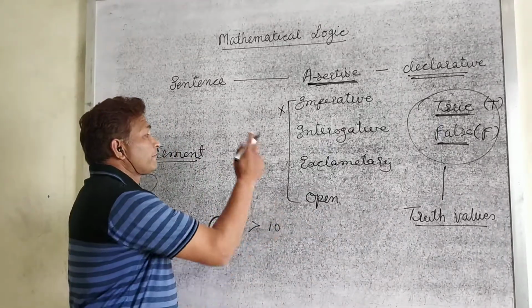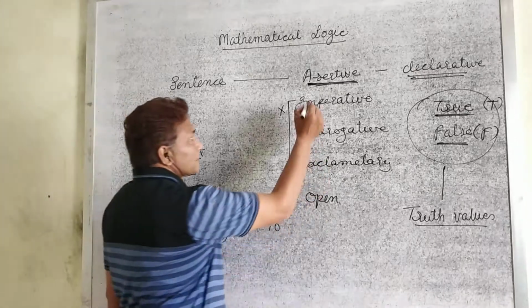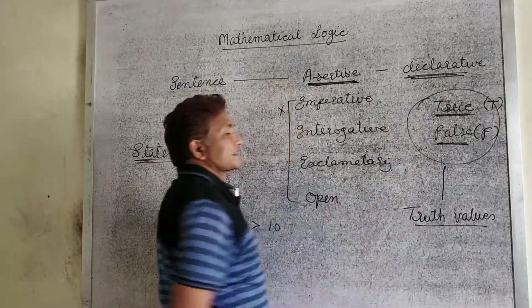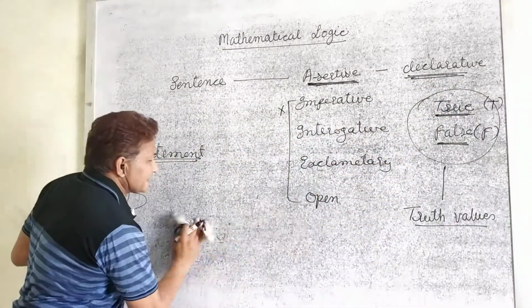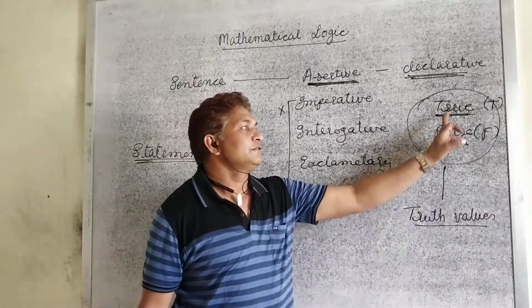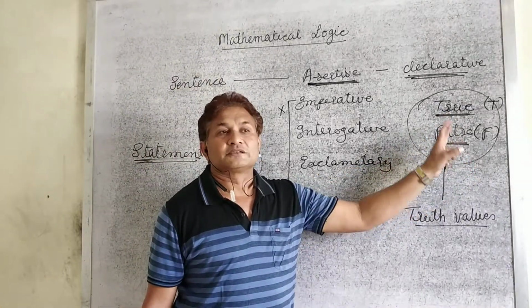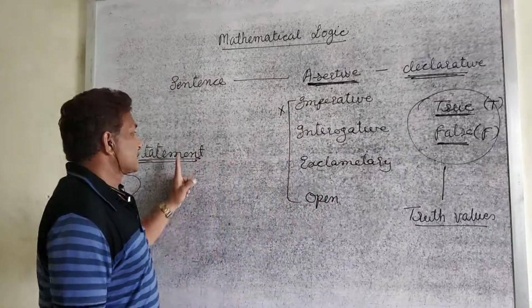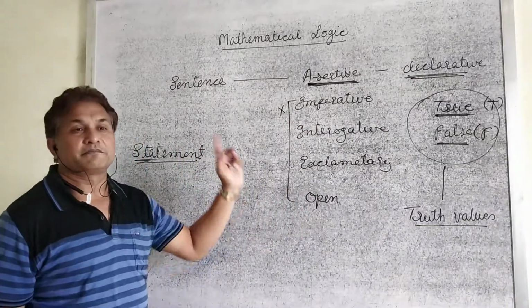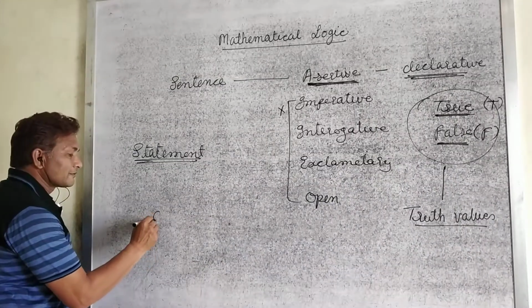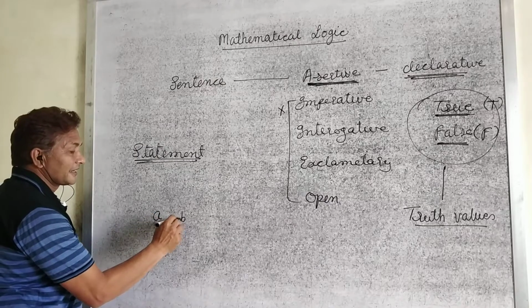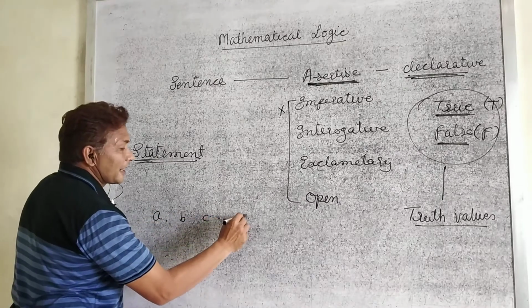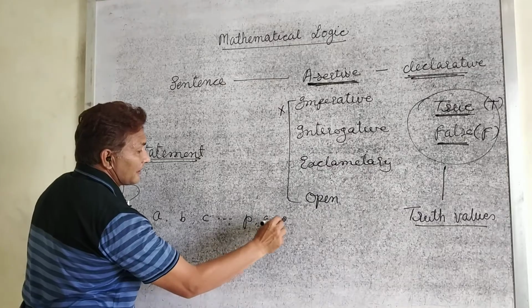So therefore for a statement we have to consider only assertive sentences, those assertive sentences which have either a true or false value. That type of assertive sentence is called a statement. Now statements are denoted by small a, b, c up to p, q, r.